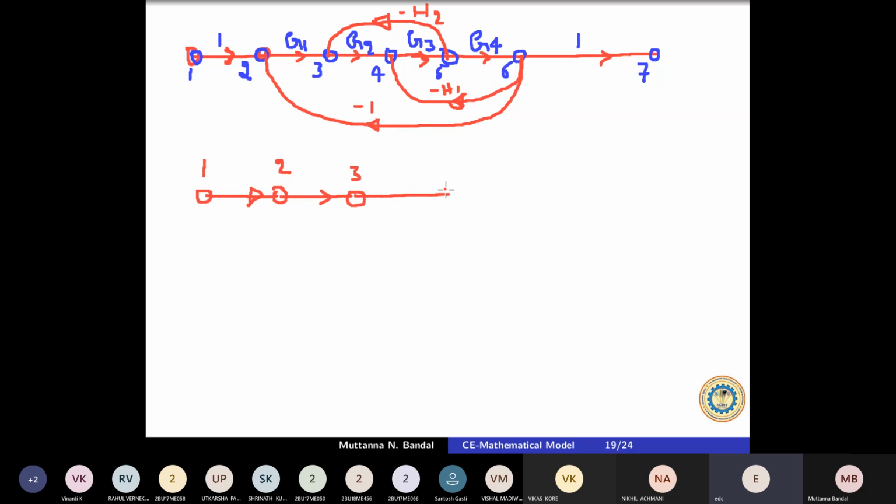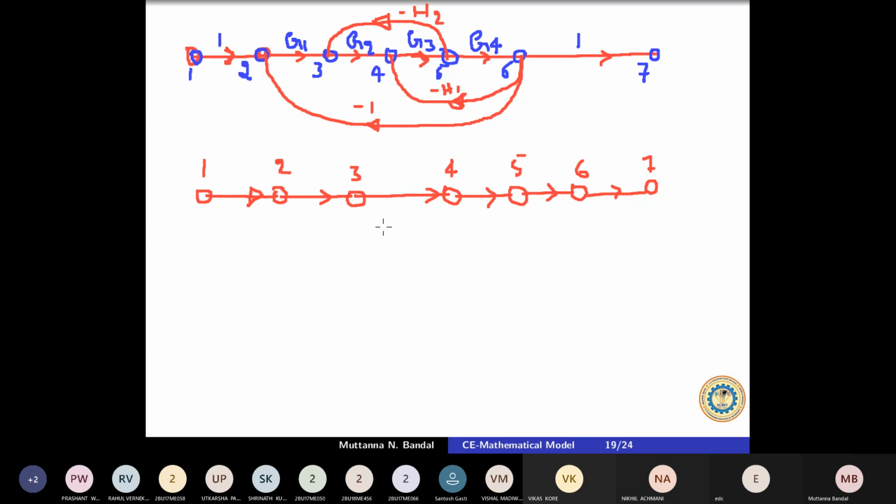From 3 to 4 there is a forward path. 4 to 5, 5 to 6, 6 to 7. So the signal is going only in one direction, and that is a forward path.